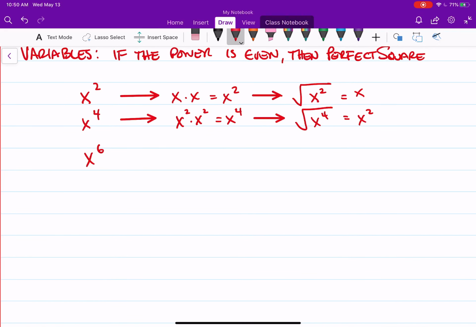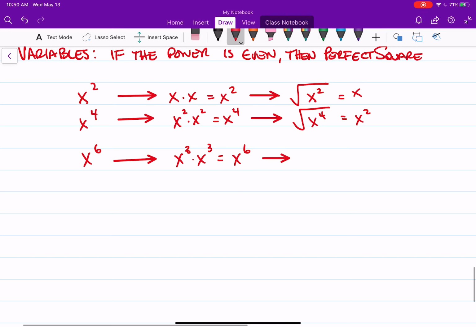X to the 6th is a perfect square because I said even powers, right? Why? Because x to the 3rd times x to the 3rd is equal to x to the 6th. Yes, x to the 6th because, it's same base, raised to a power, and I'm multiplying. What do I do with the powers? I add. Don't forget that. This is where people commonly make mistakes. Okay? And the square root of x to the 6th is x to the 3rd.